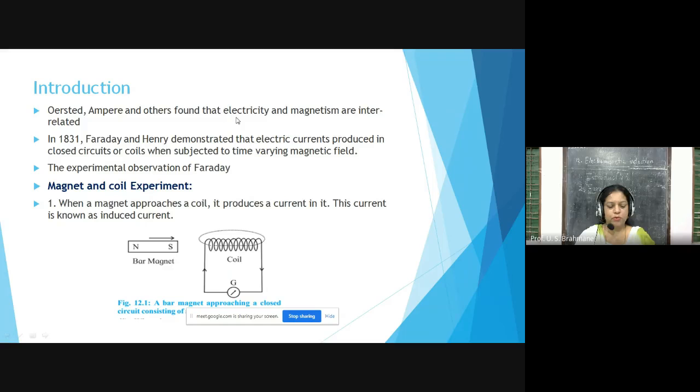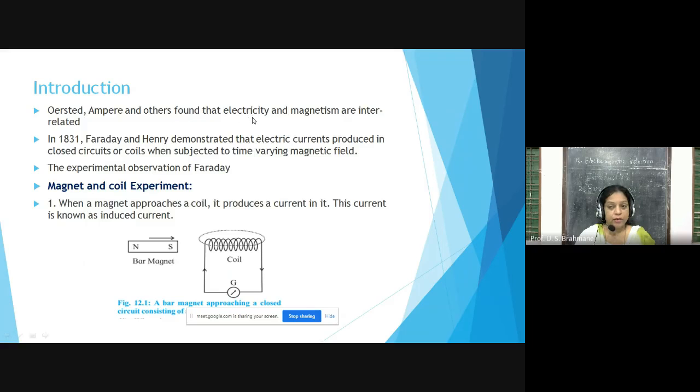This experiment is quite easy. When the current is passing through the coil, the needle gets deflected in one direction, and if the current direction is reversed, it moves in the opposite direction. So this experiment is known to us.